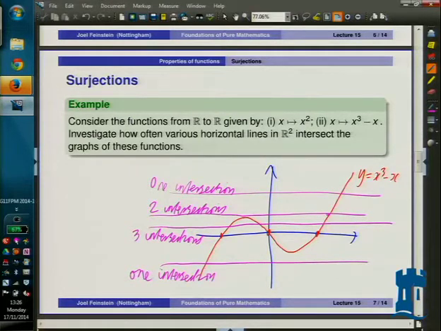But what you can't do is get no intersections with x cubed minus x. Whereas with x squared, so see earlier for x squared, some horizontal lines had no intersections.